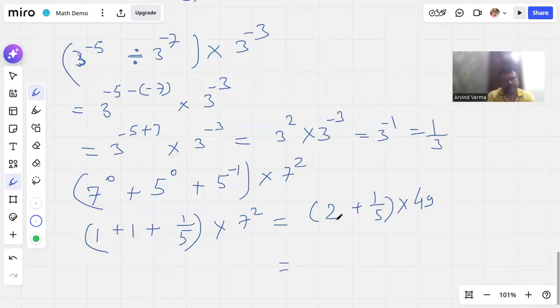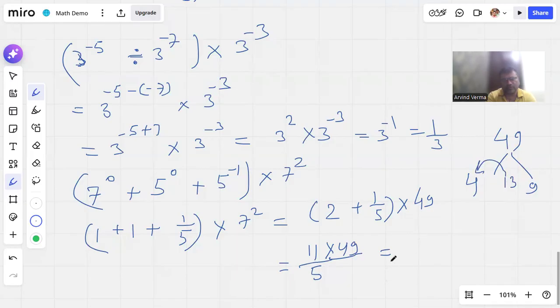Now 5 twos are 10, 10 plus 1 is 11, 11 upon 5 into 49. Now the task is 11 into 49. So 49 you will write like this, 4 and 9, and add 4 and 9, 13, 1 carry. So 4 plus 1 is 5, 5 3 9 upon 5.